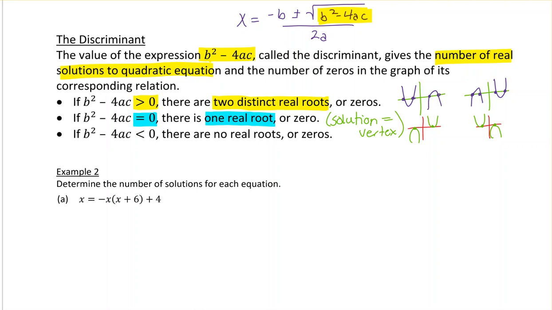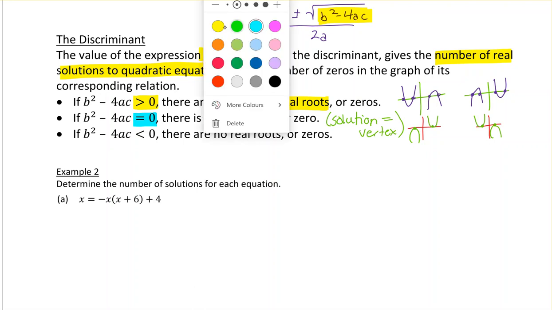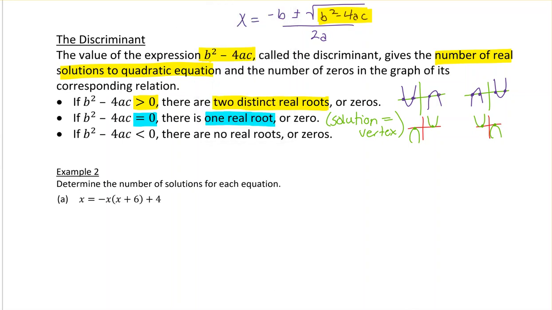And the last scenario that we're looking at here, I apologize, is if the discriminant is less than 0, there are no real roots. And how does that look on a graph when we have no solutions? Well, this is how it looks.